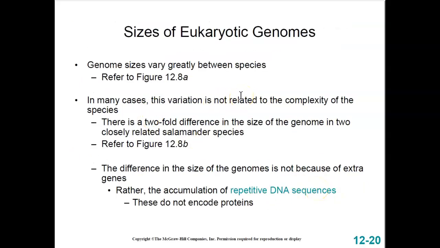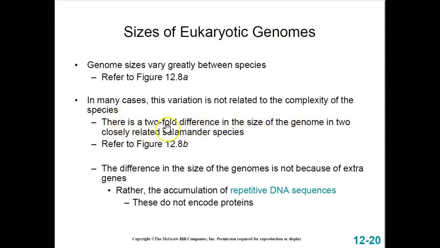So the size of eukaryotic genomes varies based on actually a whole lot of intronic sequence. I'll show you that in a few minutes, the relative sizes of eukaryotic genomes. It turns out that the size of the genome does not predict the complexity of the organism, and you'll see that in a minute.